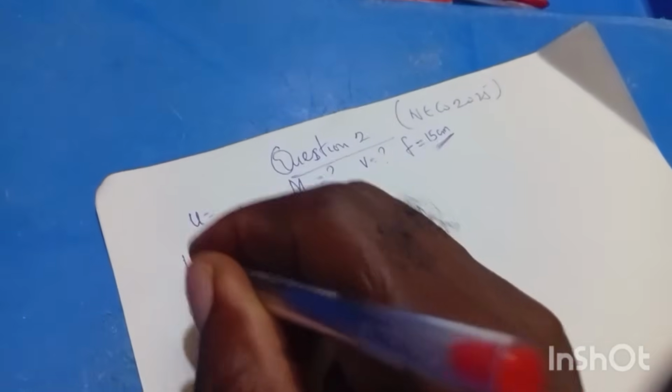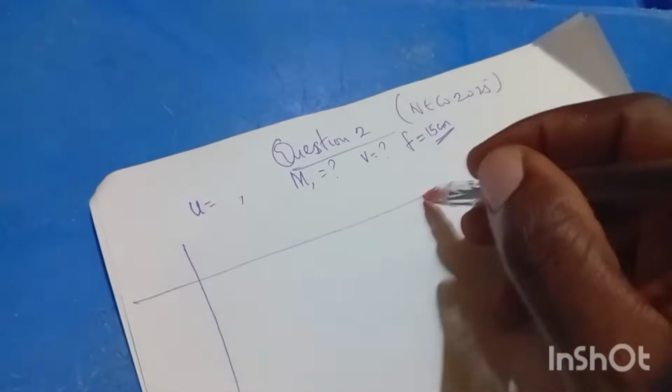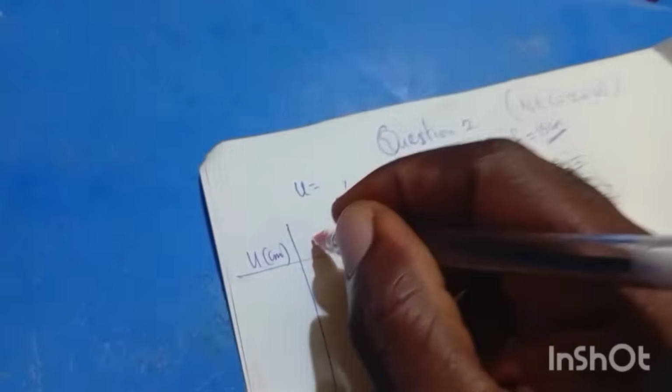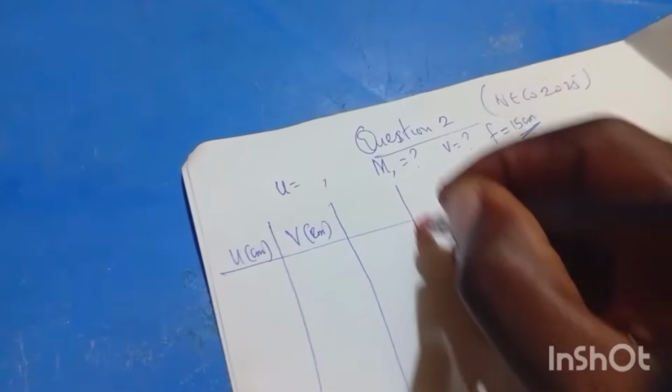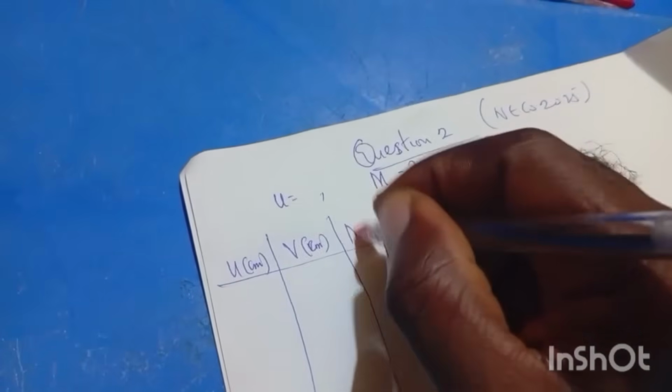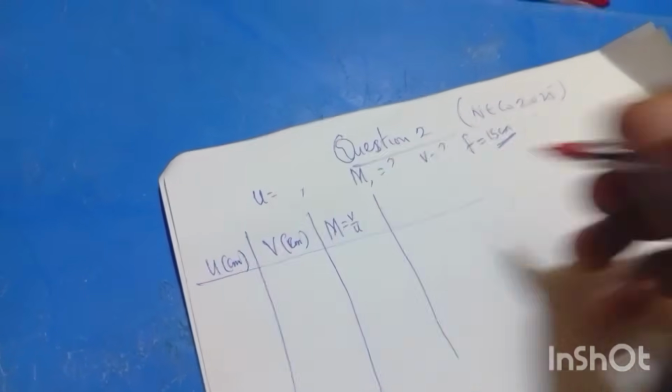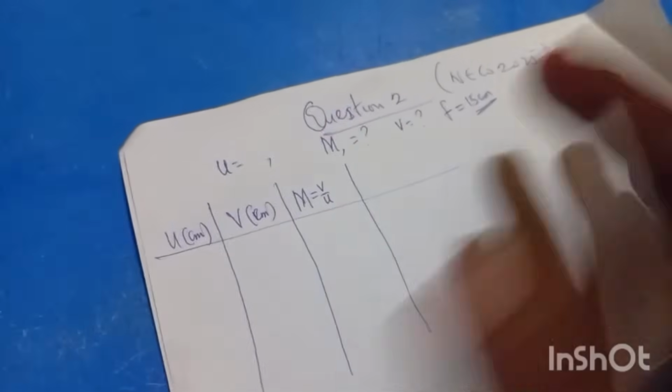Now, in my table, I will need a section that will measure u in centimeter, a section that will measure v in centimeter, and a section that will measure m equals v over u, no units. I think that is all.